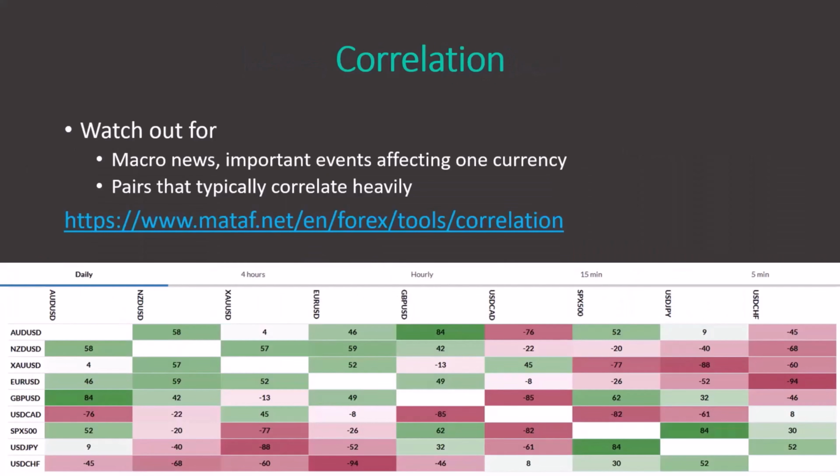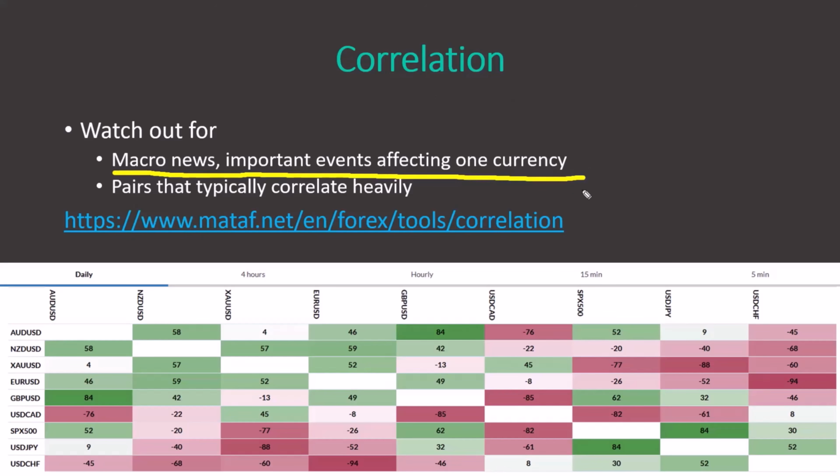Now I'll give you a little bit more info about correlation, so you know what to look for in your trading. Correlation is changing over time and is different on different time frames. And strong correlation very often occurs during macro news and during important events which are affecting one currency.